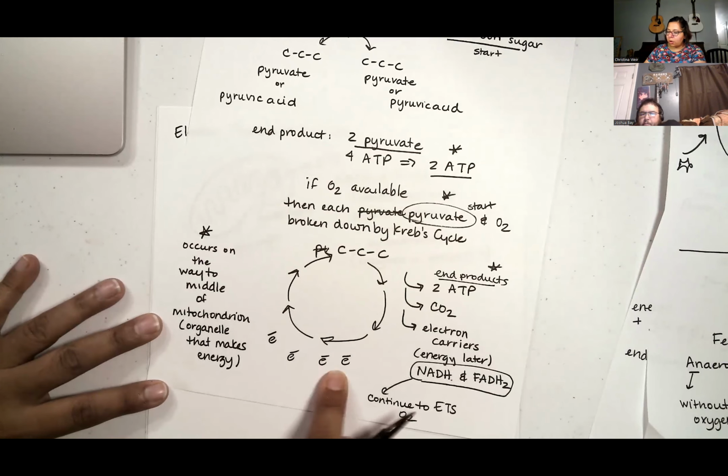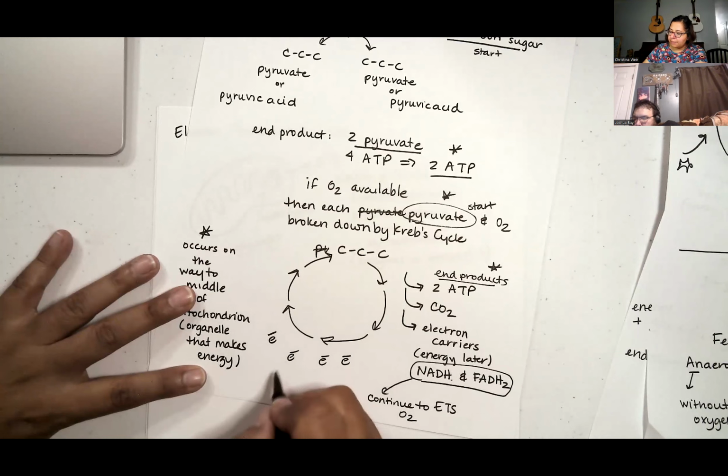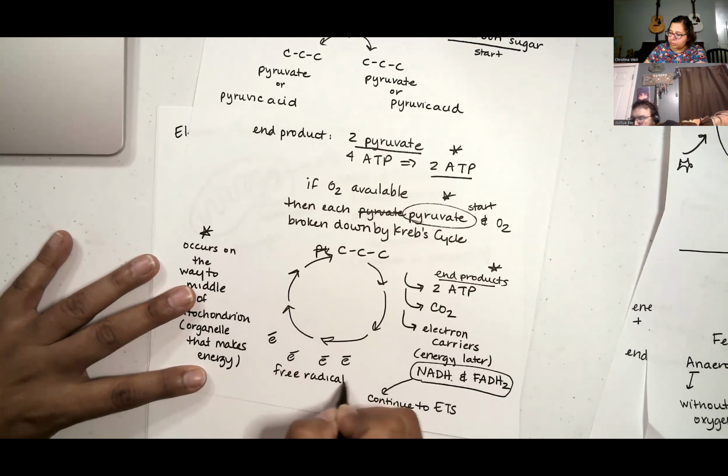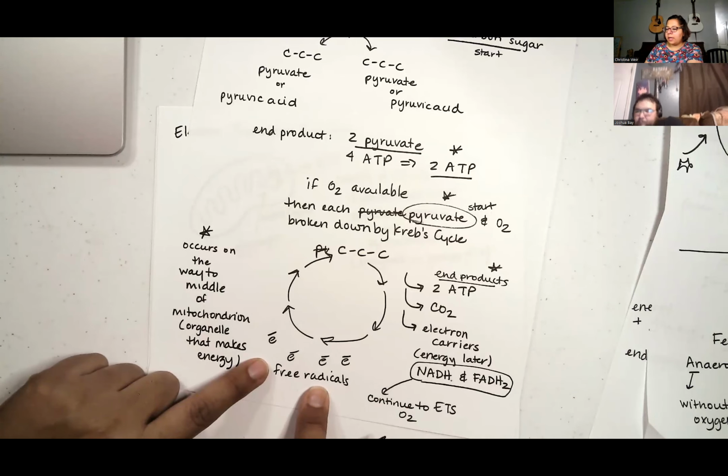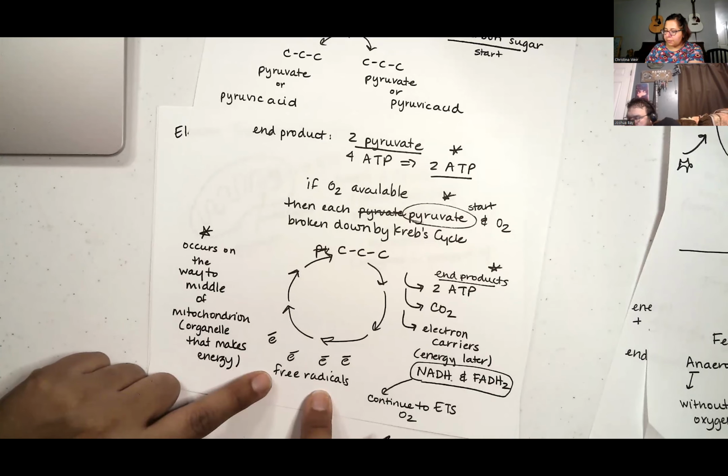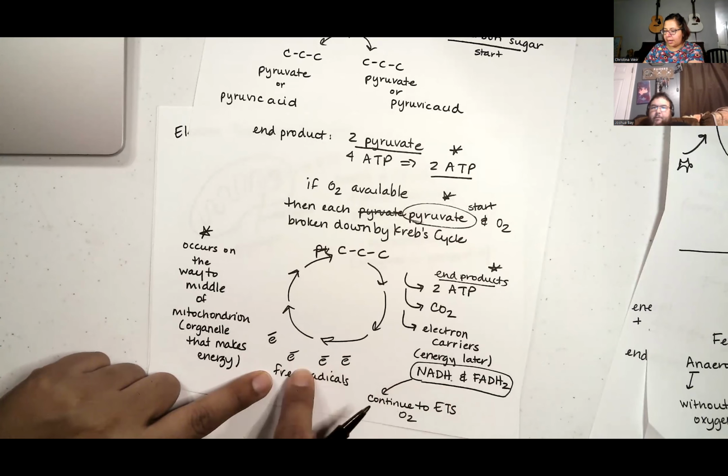Well, electrons that are all free by themselves can be bad for cells. They can cause cell damage. If you've ever heard of the term free radicals, those are electrons that are free, kind of bouncing around. And so the purpose of the electron carriers is to catch these guys and use them later.